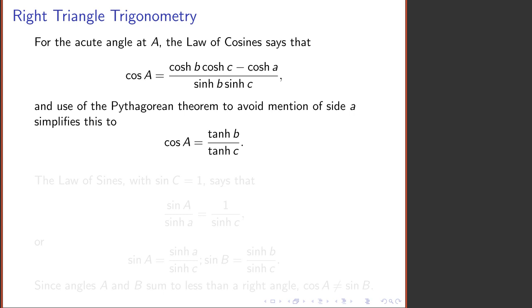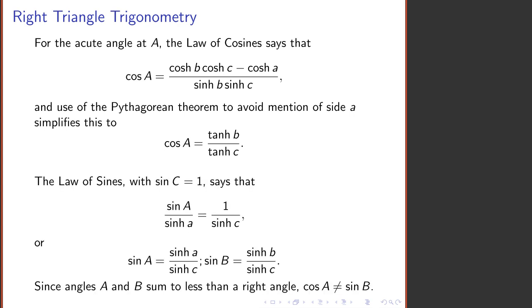So again, I can use the Pythagorean theorem and say the hyperbolic cosine of A is the hyperbolic cosine of B over the hyperbolic cosine of C. When I put that in and do a little bit of trigonometric manipulation, I discover this time the cosine of angle A is the ratio not of ordinary tangents, but of the hyperbolic tangents of the sides that intersect at that angle.